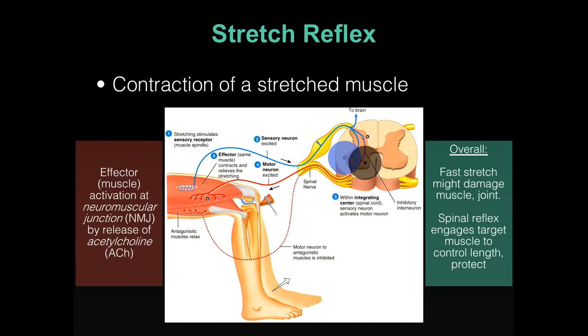But the point is, this neuron hyperpolarizes, prevents signals from being sent through the motor neuron to the antagonist muscle. Turns it off. Anytime you contract a muscle, this happens to the opposing muscle. It has to, or you wouldn't have movement. You don't turn on, or you inactivate, the antagonist muscle.